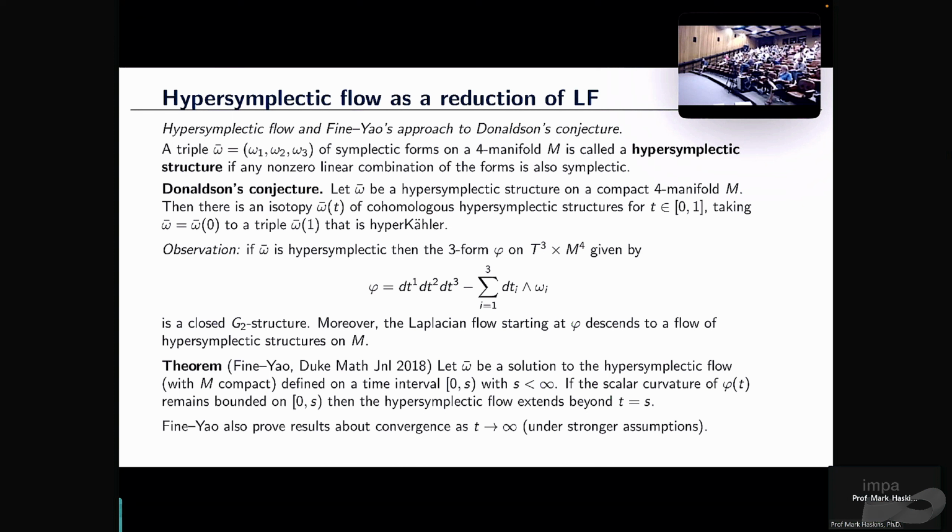Again, suppose that you've got a solution to hypersymplectic flow on a compact 4-manifold, and it's defined on some finite time interval, 0 up to S, but you don't know that it extends to S. Then if the scalar curvature of this closed G2 structure remains bounded on this whole interval 0 up to S, then in fact the hypersymplectic flow extends past that. So that final time is not the final time, you can keep going.